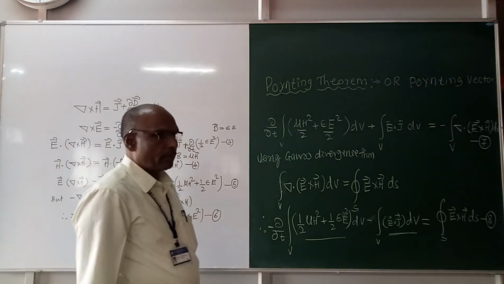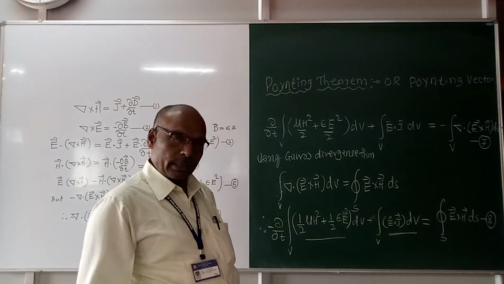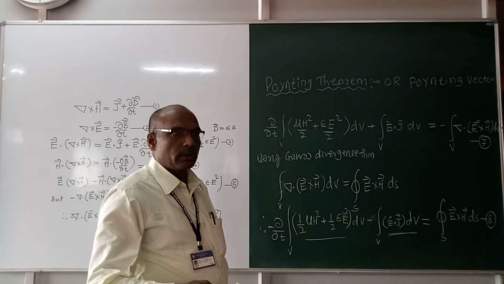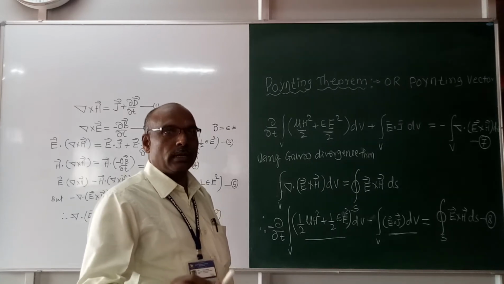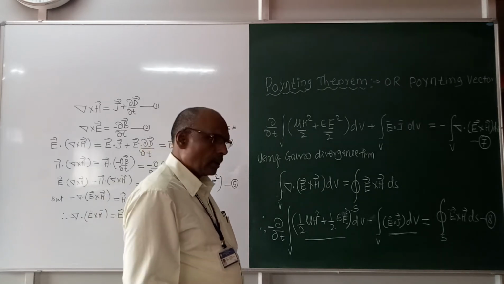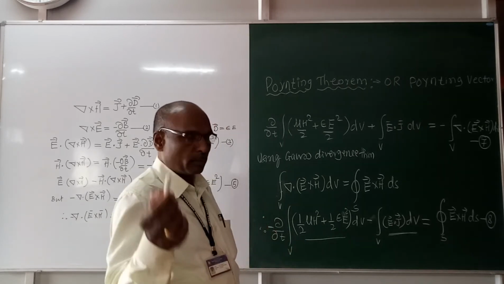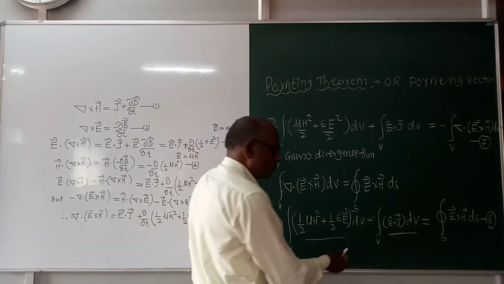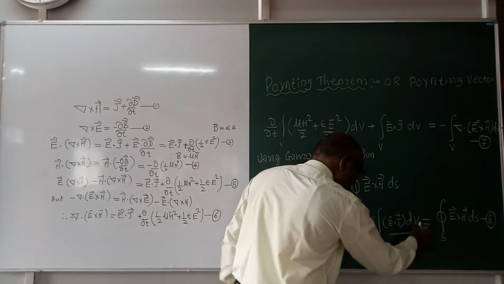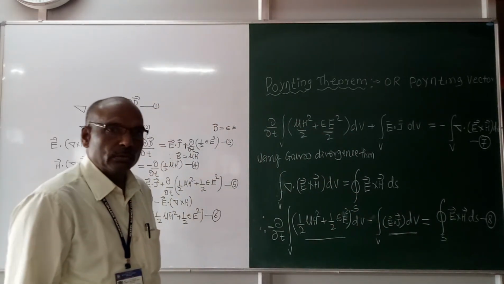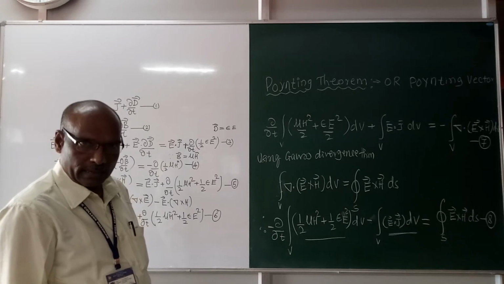You know that when there is a source of energy that delivers energy, that energy propagates from the source to the point under consideration. While doing so, there will be a loss of energy due to Joule's heating.